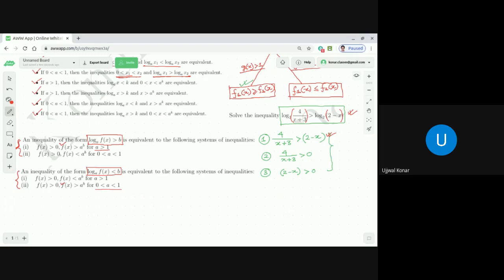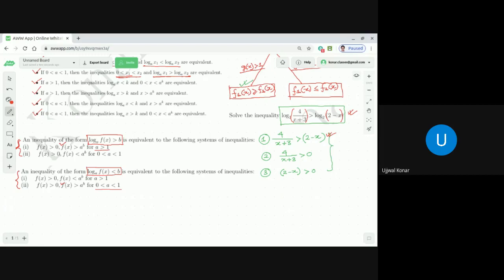Let me give you an analogy. For any value of theta, sine square theta plus cos square theta equals 1. So if you only know the values of sine for different angles, suppose 0, 15, 30, 45, 60, 90, then you can find the value of cos because you know the relationship: cos square theta equals 1 minus sine square theta.